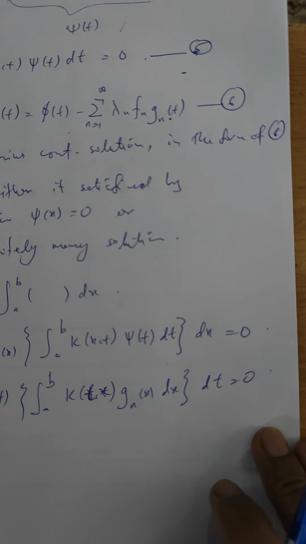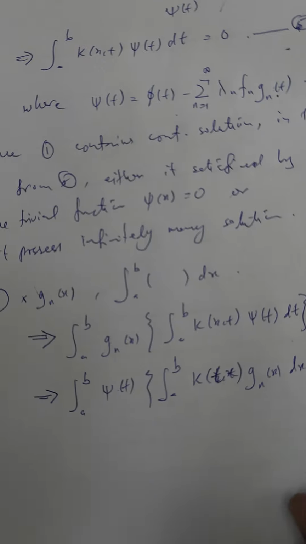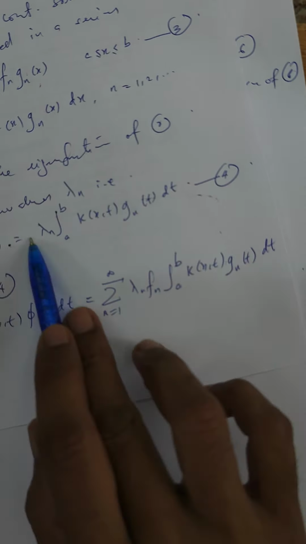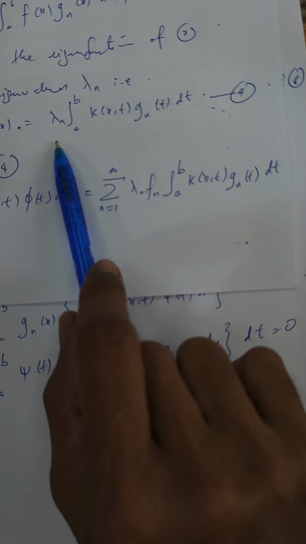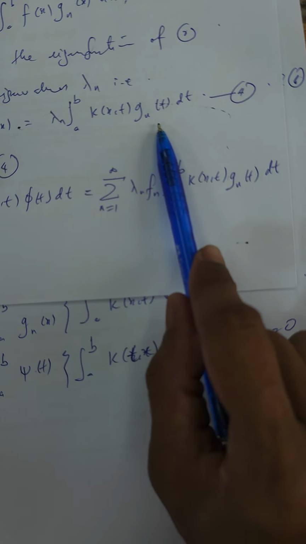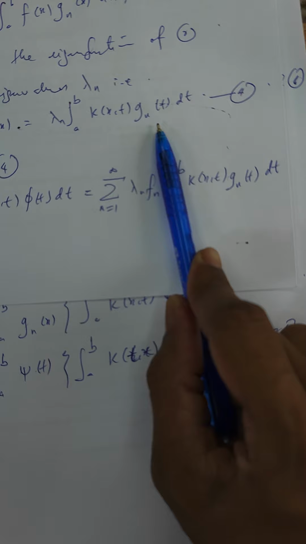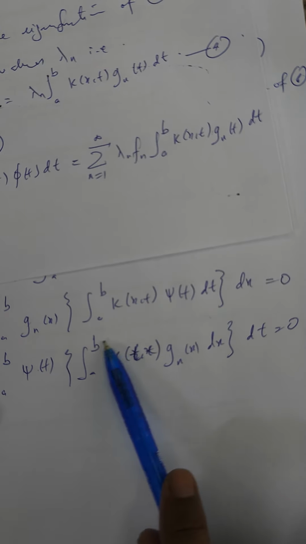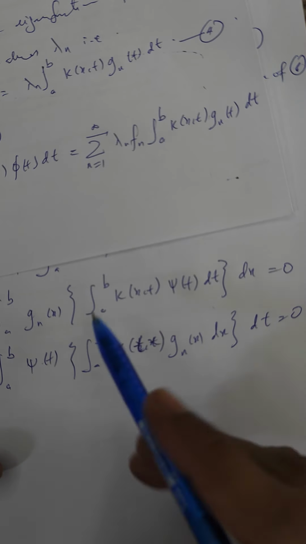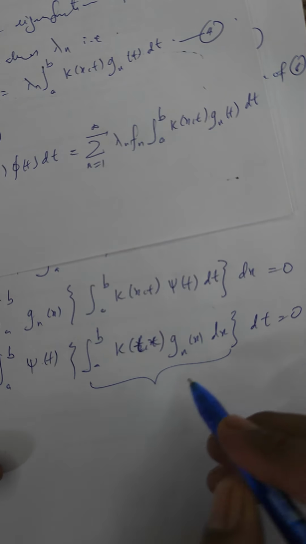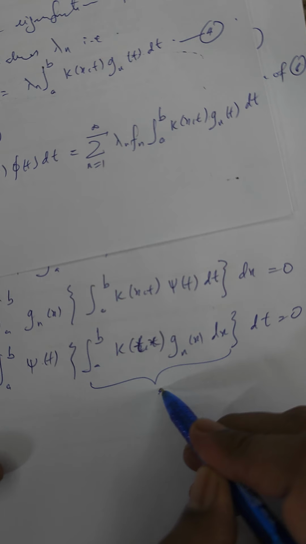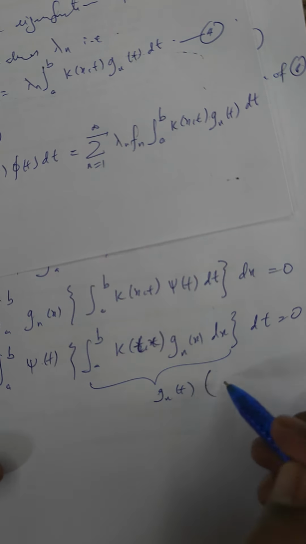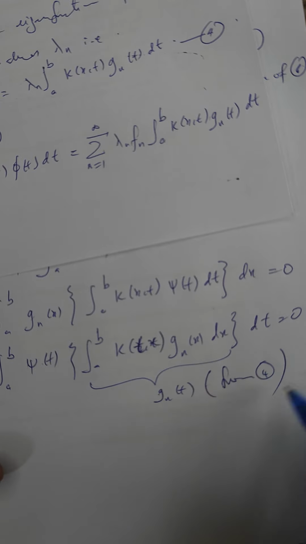And using equation 4, g n is given as lambda n integrate a to b k g n t. So this is g n t from equation number 4.